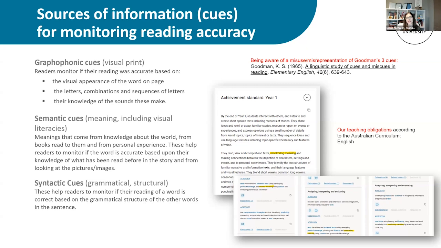And so the controversy here is that there is this assumption or thought that teachers are teaching children to use these 3 cues to guess at the word, when that is not what we want to be doing. We do not want to be teaching children to guess. But that's not the purpose of these 3 cues. These 3 cues are what children do when, in this study, when they used miscues, when they made errors.